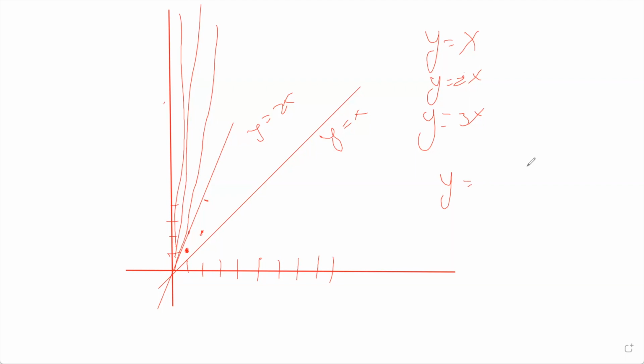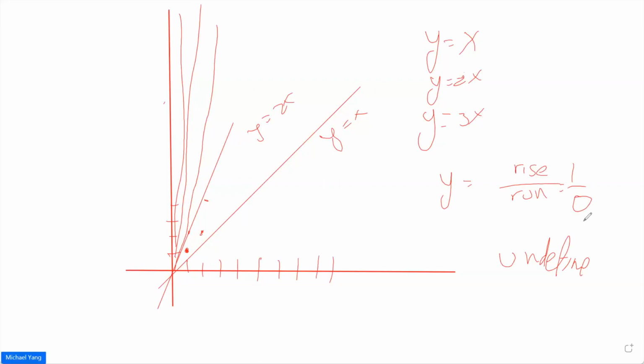Because we said when the rise is the big one, and the run is 0, what is 1 divided by 0? How much is 1 divided by 0? It's undefined. Lovely. It's undefined. That means I cannot have a small movement on the x and a very big movement on the y.